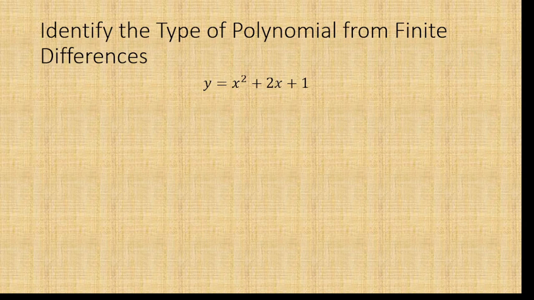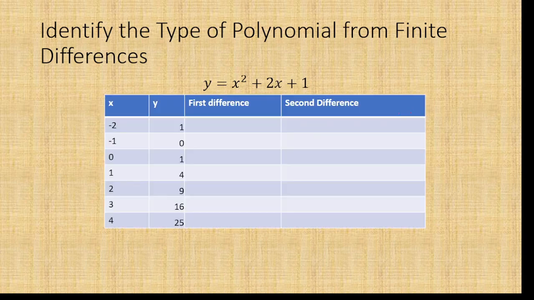Let us see an example of a polynomial y equals x squared plus 2x plus 1. For this polynomial, we have been given a table with the x and y values. The first thing that needs to be taken into account is that these x values should be equally spaced. So if we examine these x values, each interval is of 1 unit.